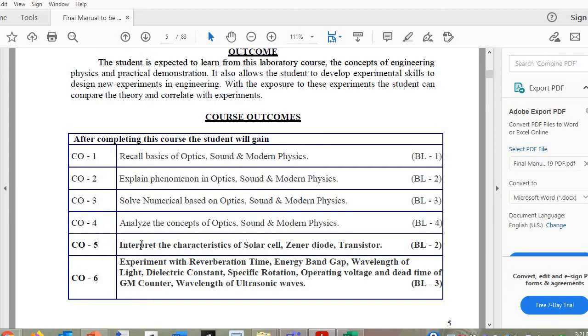Fifth one. Because you can see in the fifth it is said, interpret: after completion of that particular practical, the student can interpret the characteristics of Zener diode. Okay, means you can achieve CO5 by completing the Zener diode related practical.